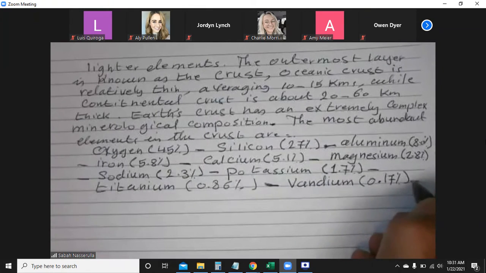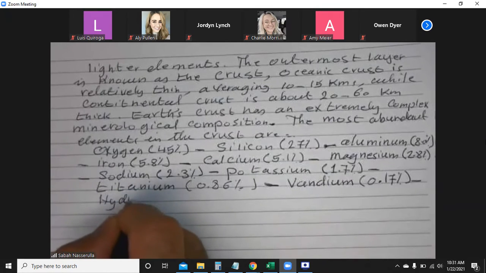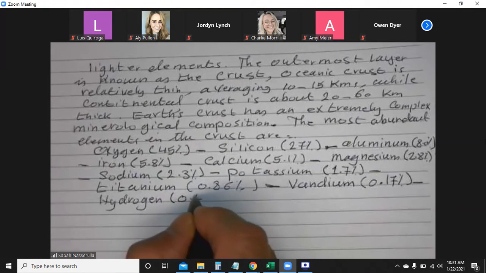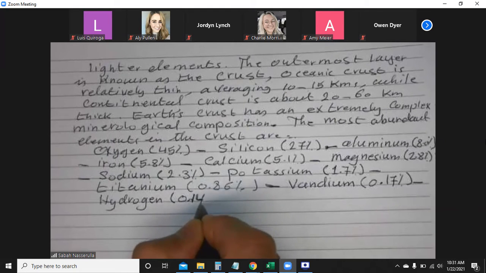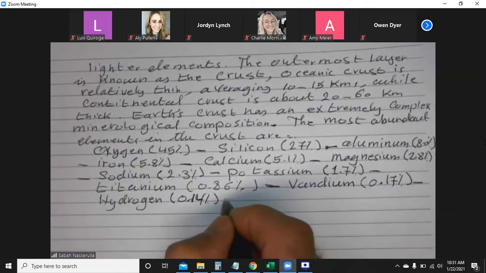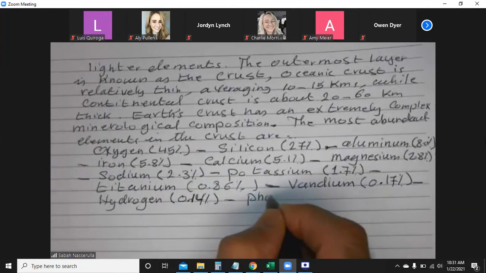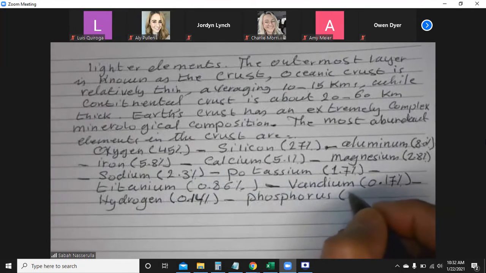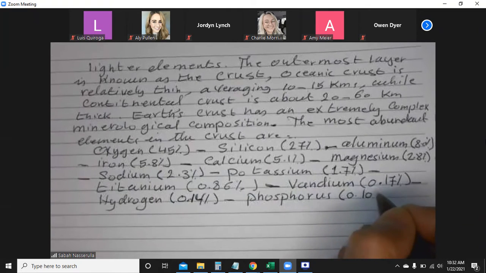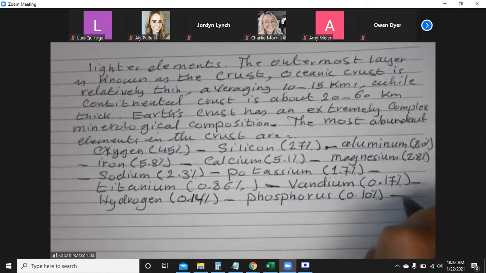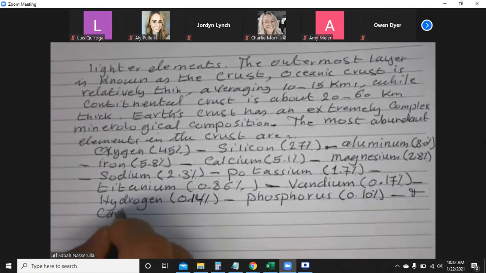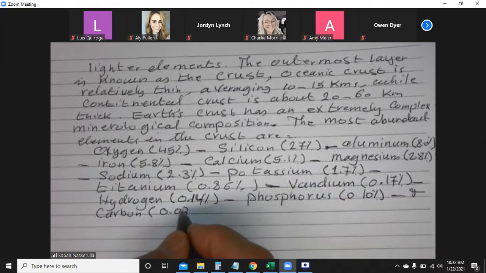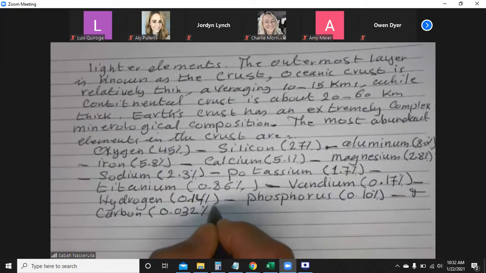Then we have hydrogen, which is about 0.14%. Phosphorus, which is about 0.10%. And finally carbon, which is about 0.032%.